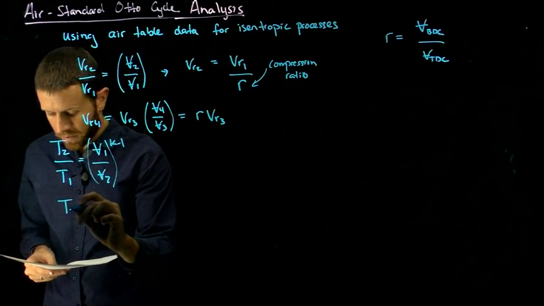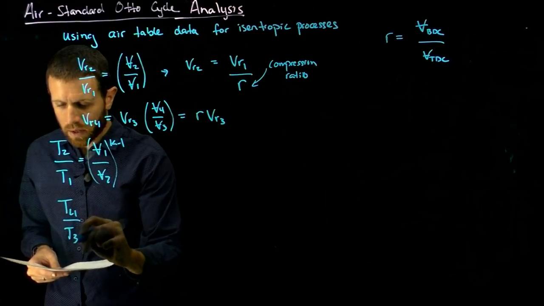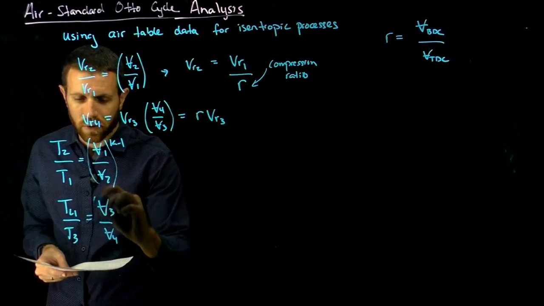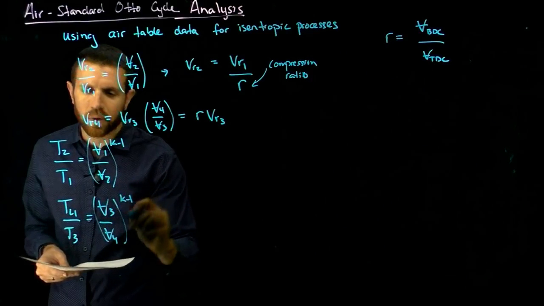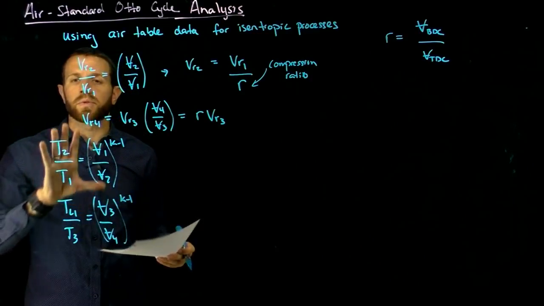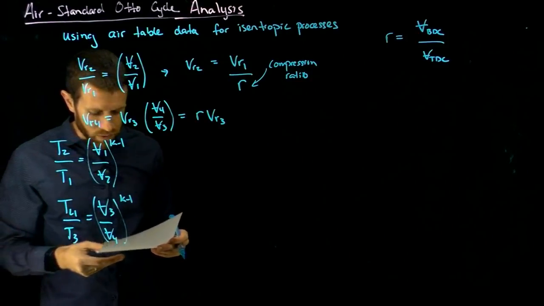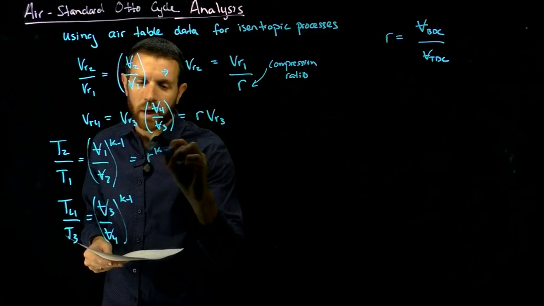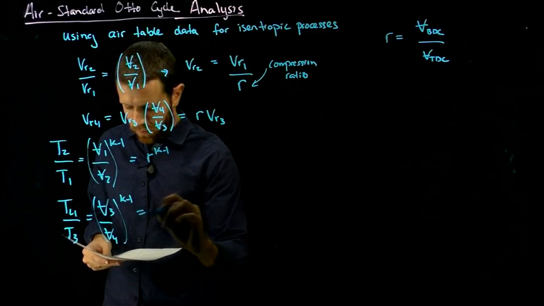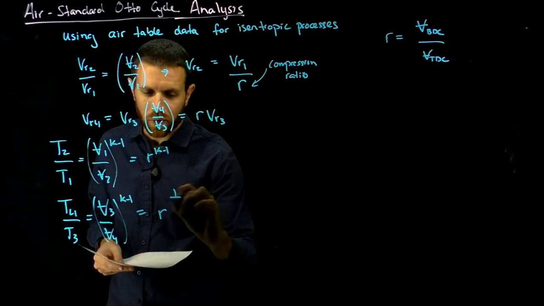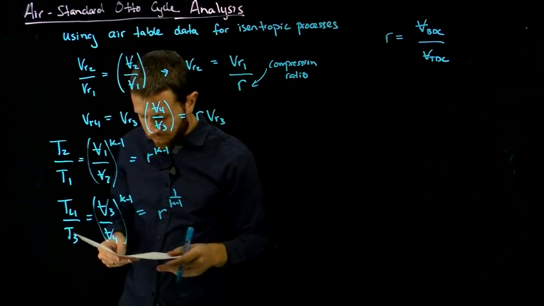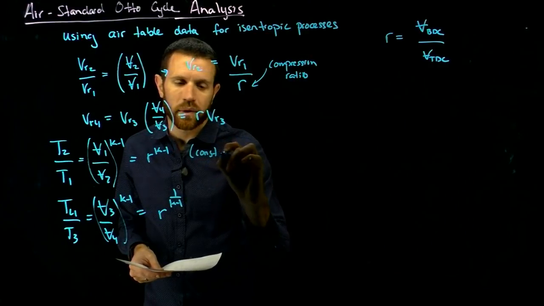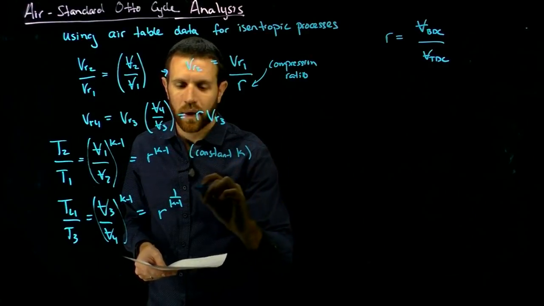And similarly, T4 over T3 would be equal to V3 over V4 to the k minus 1. And again, I can only do these sorts of ratios for isentropic processes. So this ratio here is then going to equal r to the k minus 1. And this one will equal r to the 1 over k minus 1. Only for a constant k.